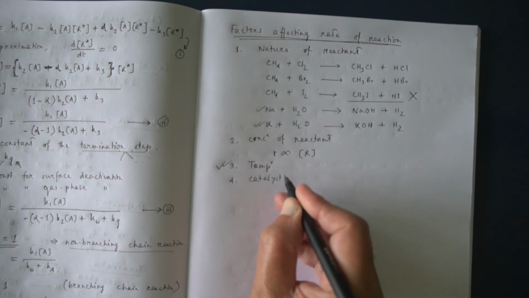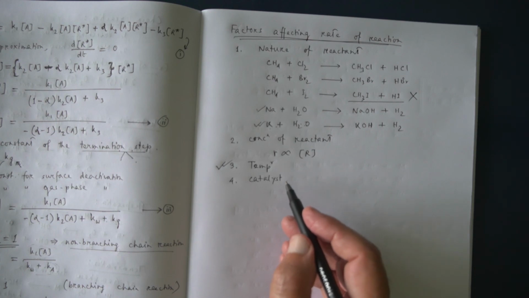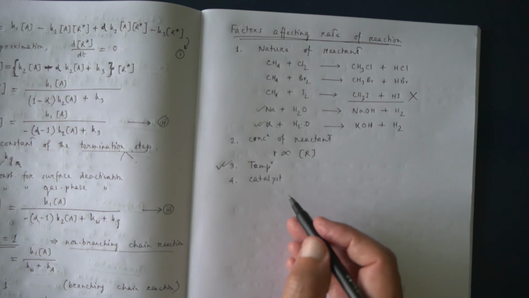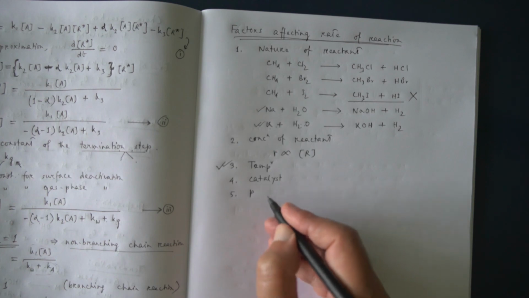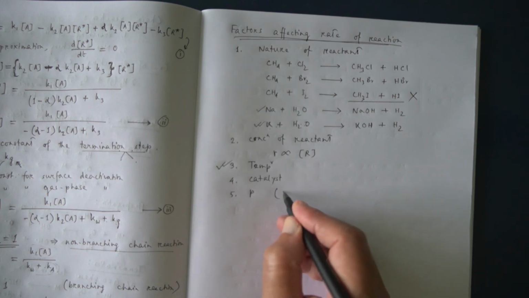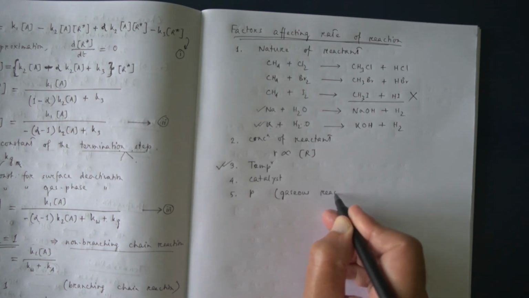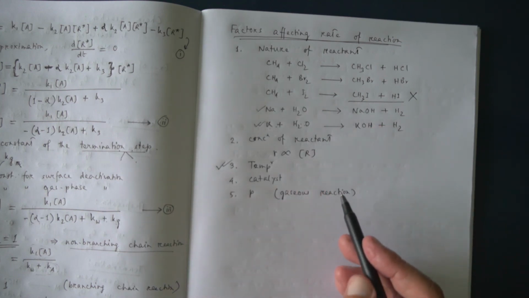You know catalyst increases the rate of reaction. So catalyst plays a role in increasing the rate of reaction. Now, effect of pressure may be there mainly in case of gaseous reaction. So you see there are so many factors which can affect the rate of reaction.